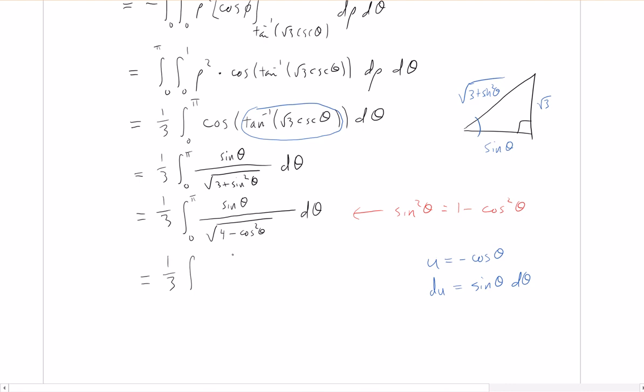So what do we have? So sine theta d theta is just du. And in the bottom, this just becomes 4 minus u squared. Let's see, what are the new bounds? When theta is 0, u is minus cosine of 0, so minus 1. And when theta is pi, u is minus cosine pi, which is plus 1.